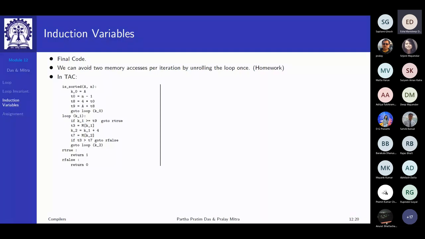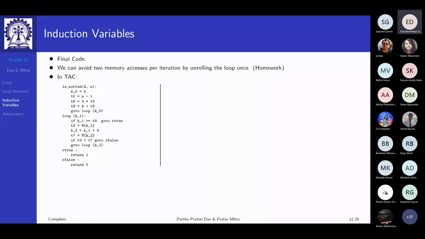Then T3 is A2, T7 is A3, right? So you can see that this access is happening twice after the first element. The subsequent ones are happening twice, once in an iteration, and then in the next iteration.